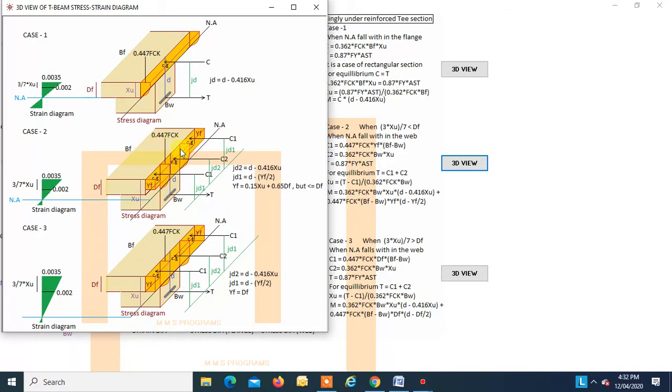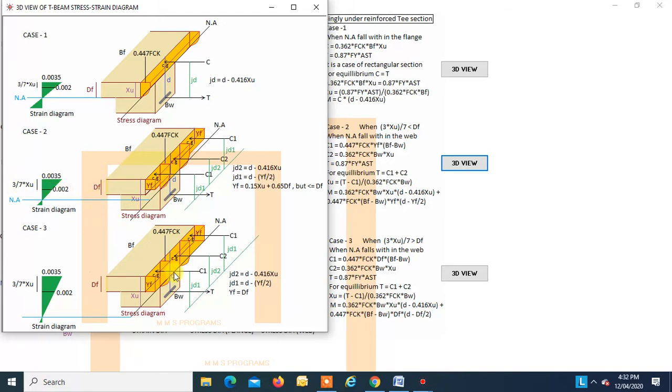So this is how we get the stress distribution when the strain point 0.002 falls in the flange, okay. That means when this length 3/7 XU is less than DF, okay.